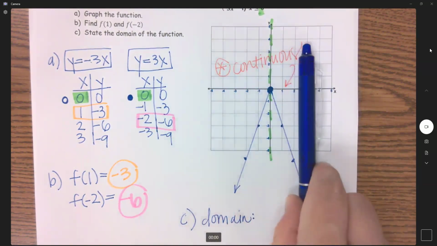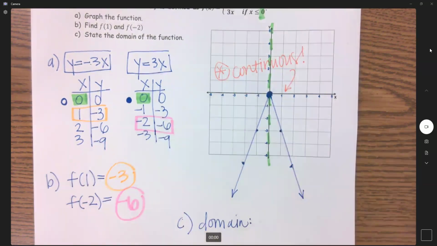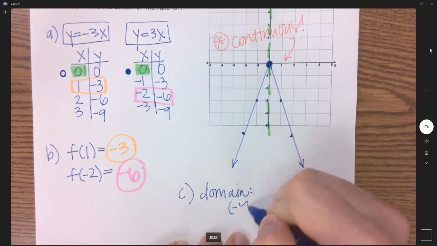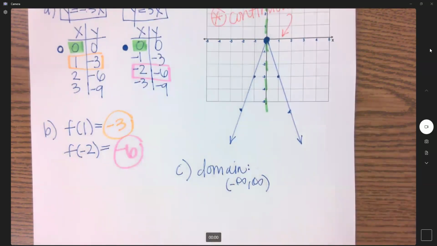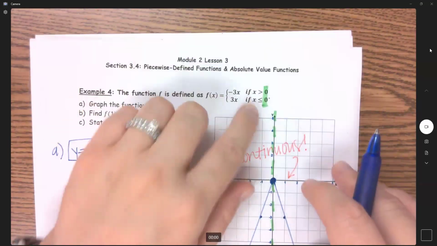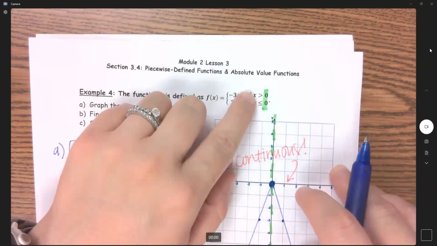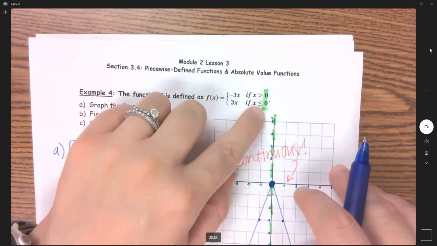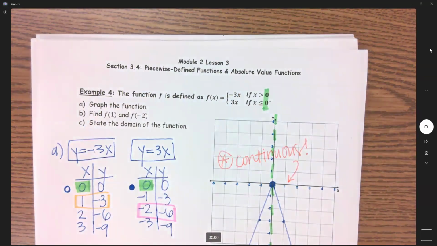No break, and then it's going to keep going to infinity. So our domain is all real numbers, which is what's told to us in our piecewise defined function. It says every number greater than 0 and every number less than or equal to 0. That's every number possible.